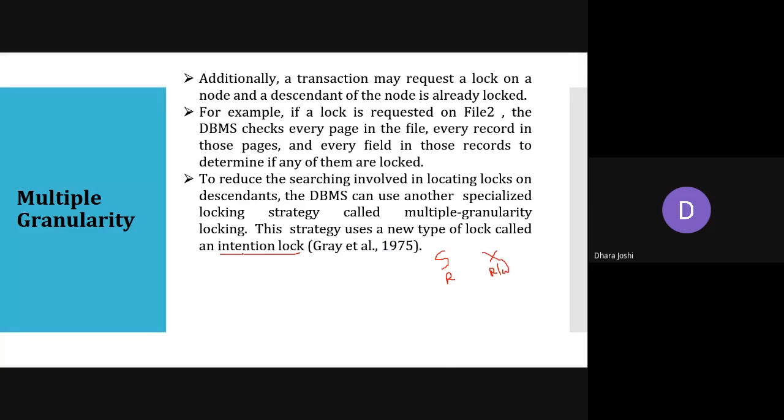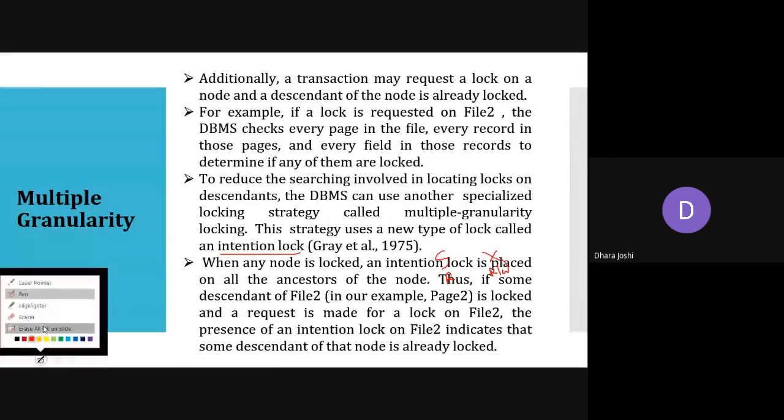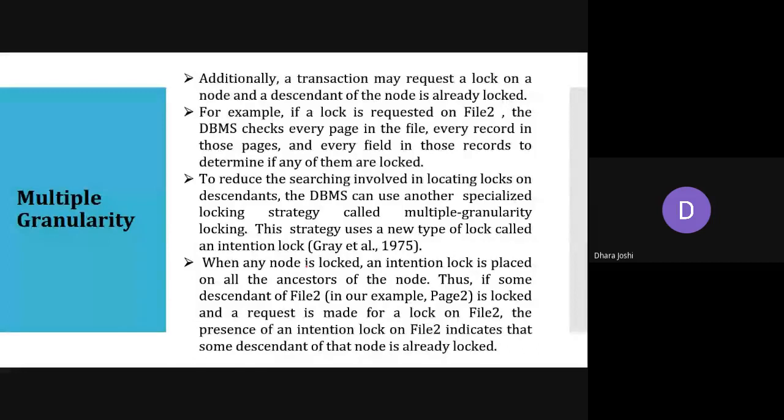But now we have one new type, called an intention lock. When any node is locked, an intention lock is placed on all the ancestors of the node. Thus, if some descendant of file 2 is locked and a request is made, the presence of an intention lock indicates some descendant is already locked.